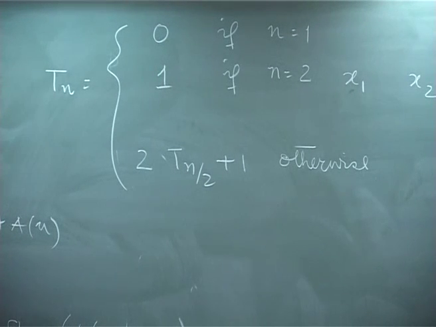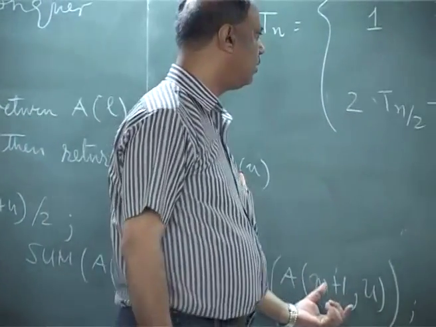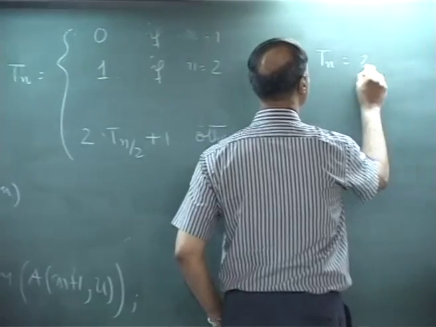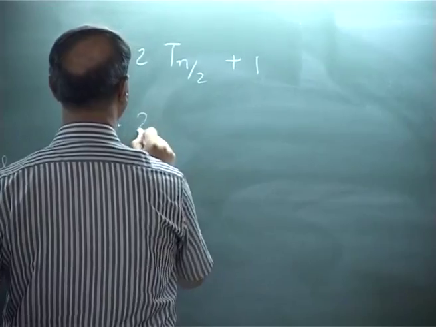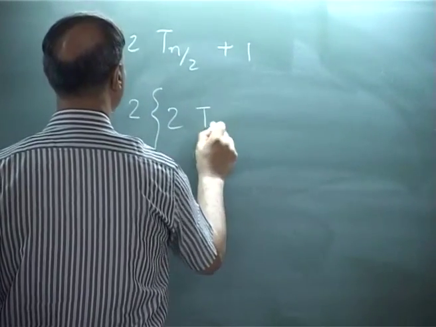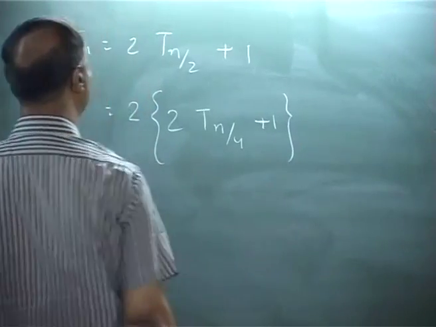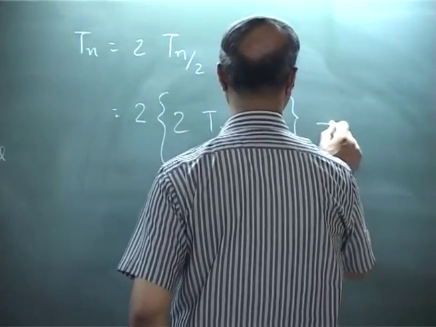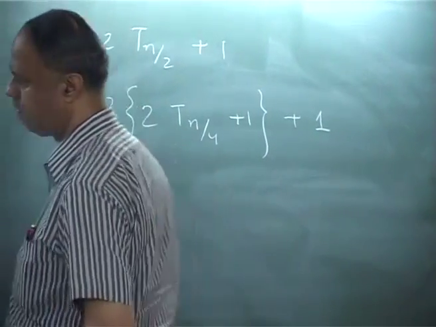You have to solve this, because there is one addition, and the size is half, so 2T(n by 2). So T(n) becomes 2T(n by 2) plus 1, which I can write as 2 times (2T(n by 4) plus 1) plus 1.